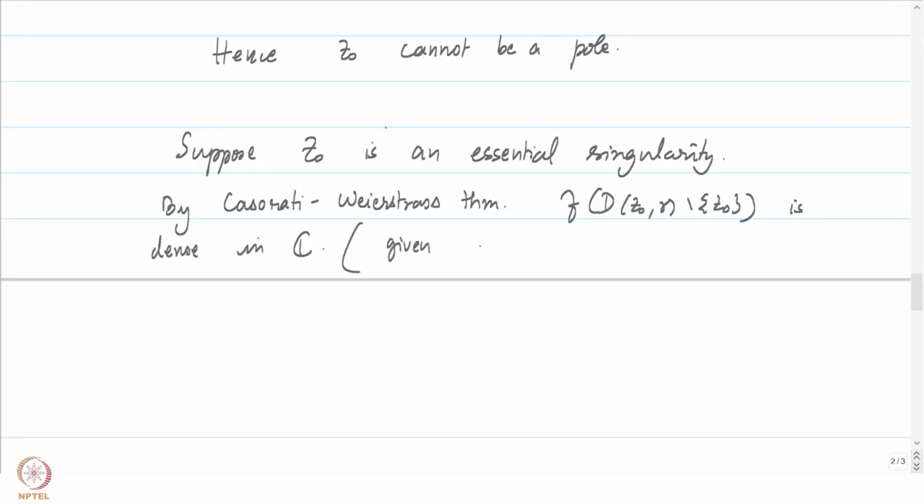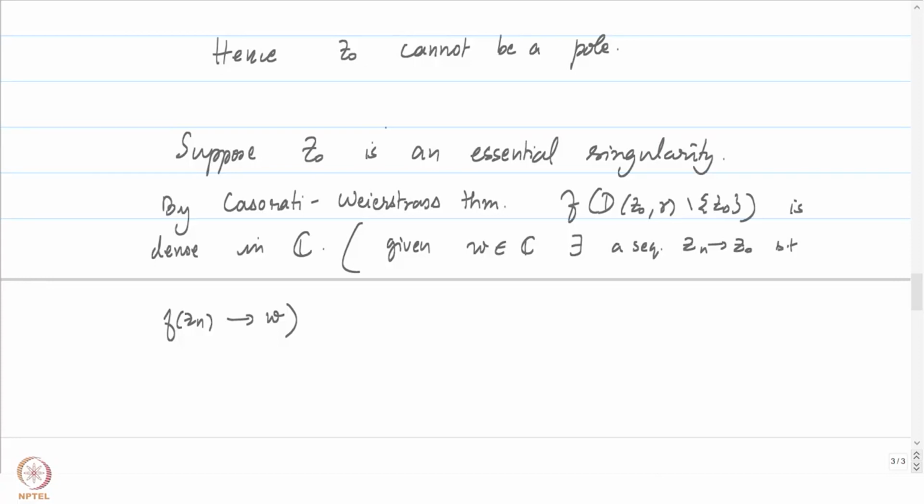Given W in C, there exists a sequence z_n converging to z0, a sequence converging to the singularity, such that f(z_n) converges to W. In fact, this is a stronger statement than demanding that D(z0, r) minus {z0} is dense.